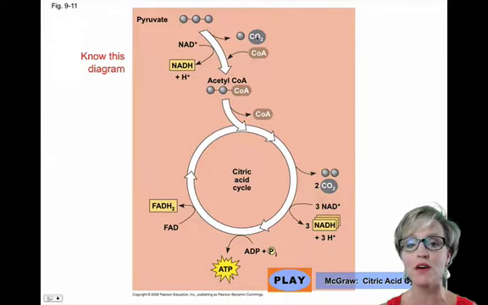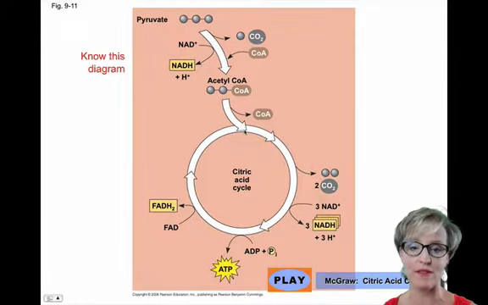So here's the pre-citric acid cycle, as it were. We've clipped off our carbon dioxide, we've gleaned our electrons and some hydrogens to reduce NAD plus to NADH. We've hooked on our coenzyme A. Now it's called acetyl coenzyme A, and that's what will start the citric acid cycle.